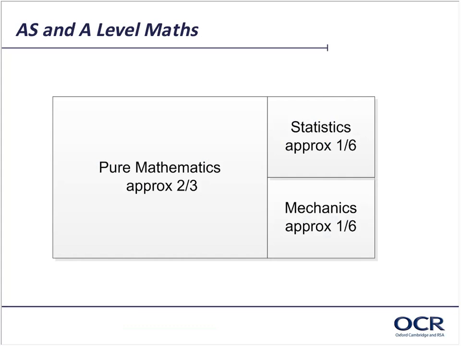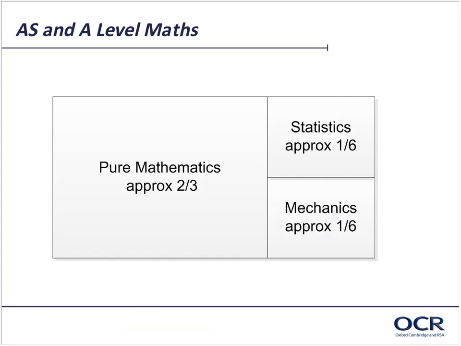In terms of the full A-level, you can think of it as the current pure content, core 1 to core 4, and that makes up 2/3 of the A-level. And then the statistics and the mechanics are approximately the same size as an applied unit at the moment, but there are some changes in the contents there.